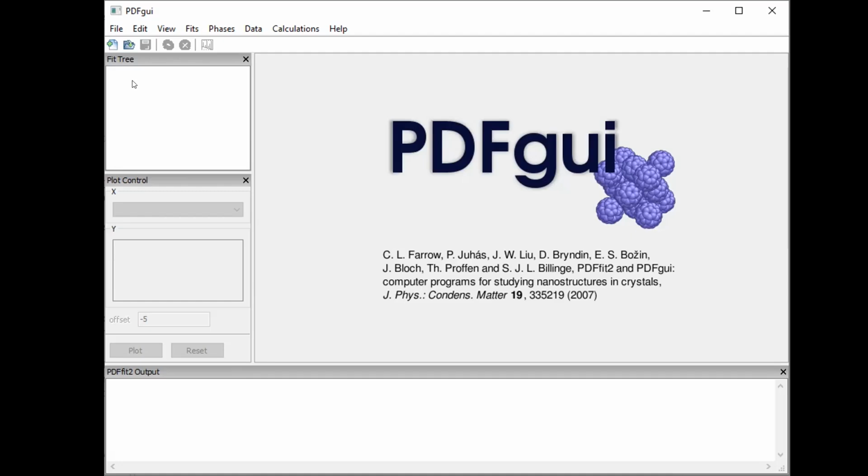If you still remember the details, Qdamp and Qbroad have a large contribution from the instrument, but they also have some contribution from the sample. But once we obtain those values, we have a very good starting point. So we can write down those numbers obtained from fitting the nickel data and use them as a starting point for fitting the real sample data.